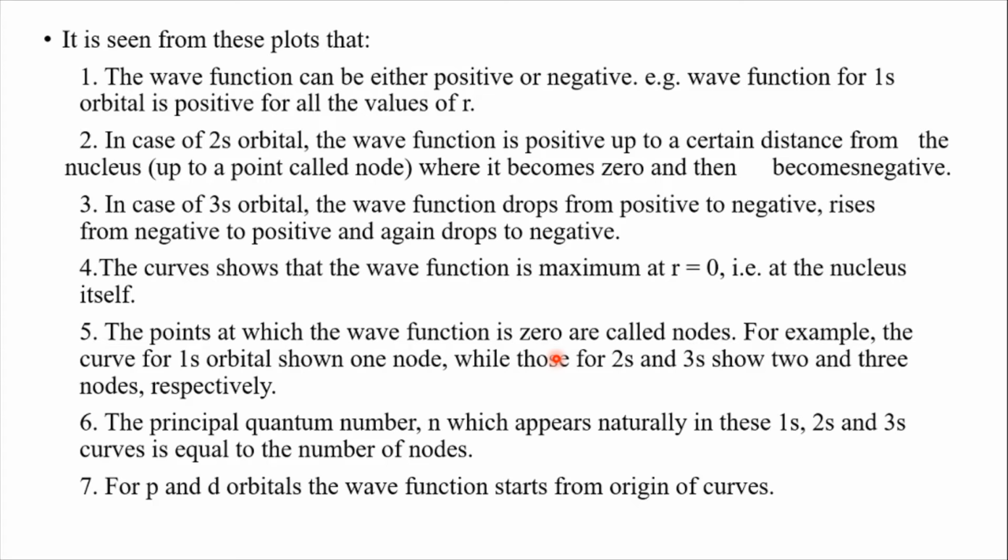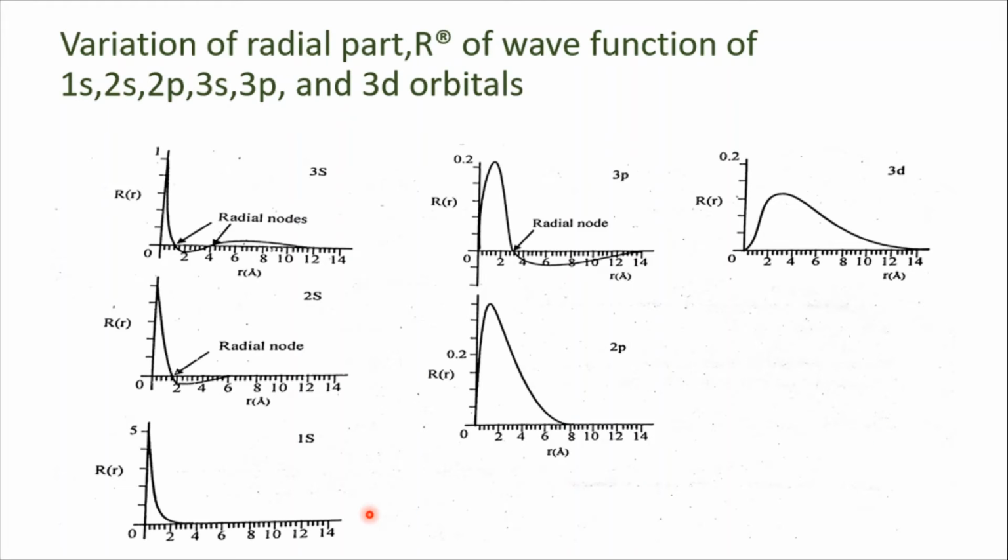The points at which the wave function is 0 are called nodes. For example, the curve for the 1s orbital has 0 nodes, while those for 2s and 3s have 1 and 2 nodes respectively. So for n equal to 1 there are 0 nodes, for 2 it is 1 node, for 3 it is 2 nodes.